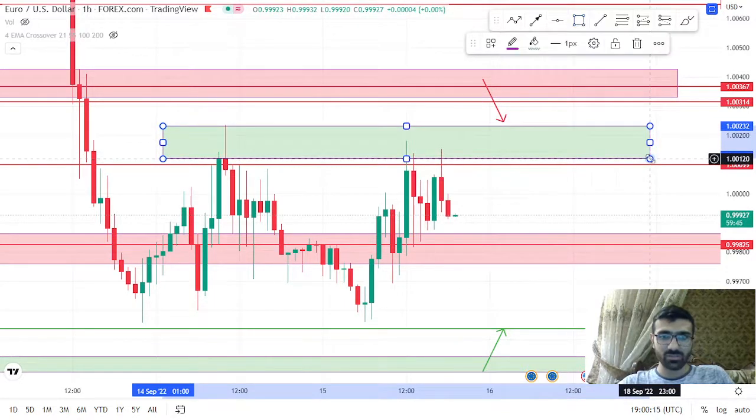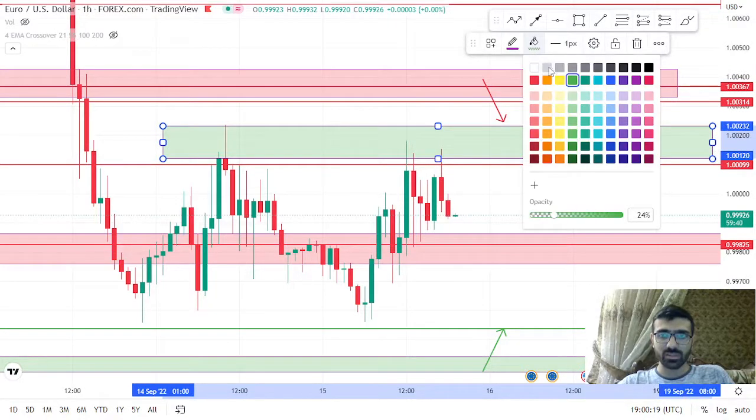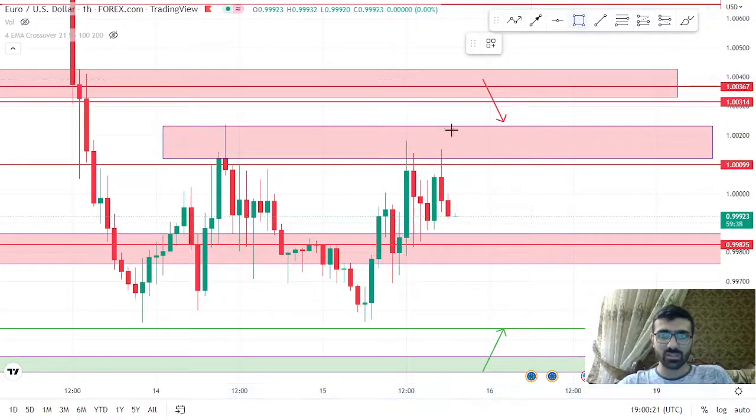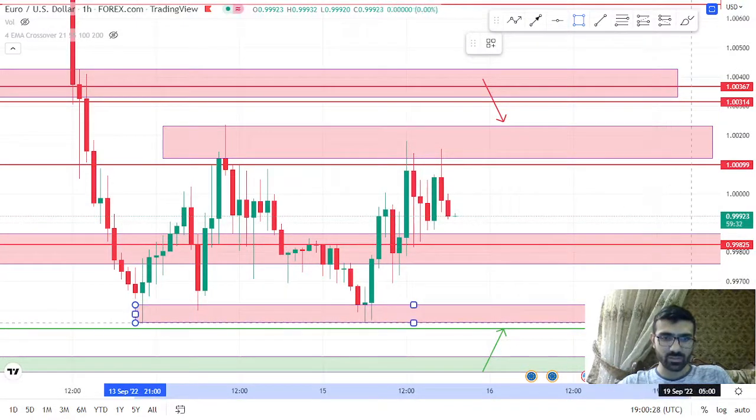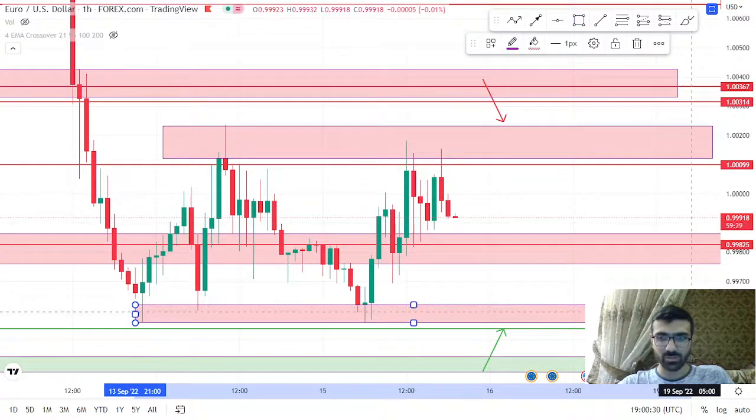So this will be an area of resistance. Let me mark it in red color, and another area of support will be this area, the new area of recent support. Okay, so let me mark it in green color.